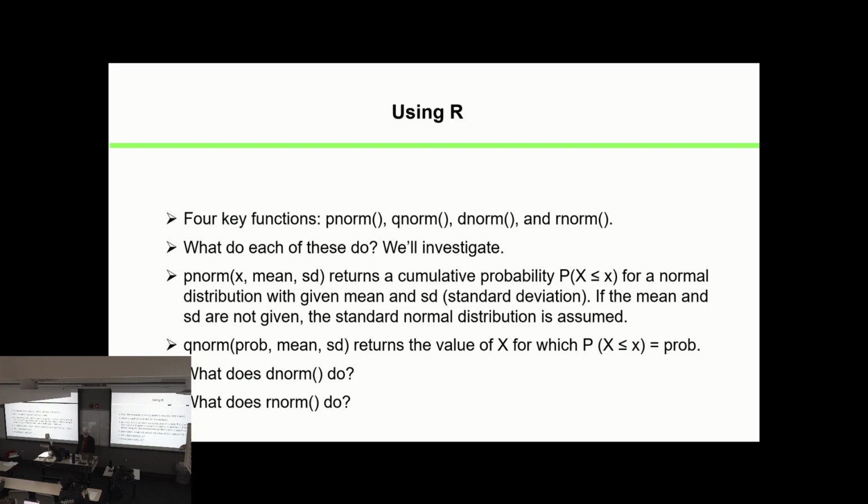Now, if you don't specify the mean and standard deviation, it will take it as standard normal, 0, 1. Okay, so we'll check that one out. Now, the Q norm function takes a cumulative probability and returns the value of x for which the probability X is less than or equal to little x.